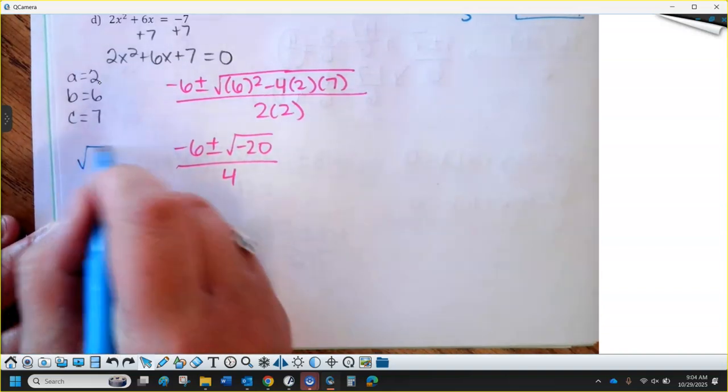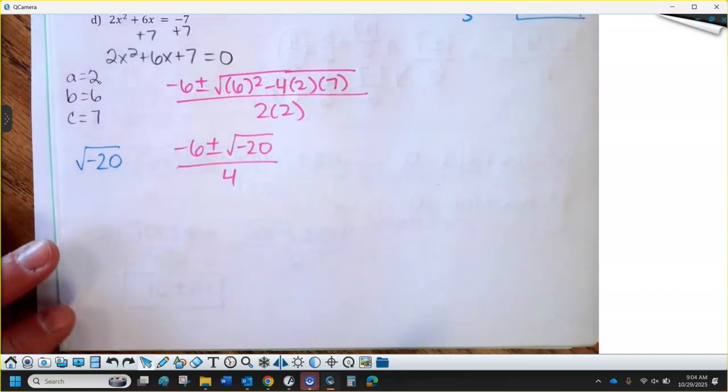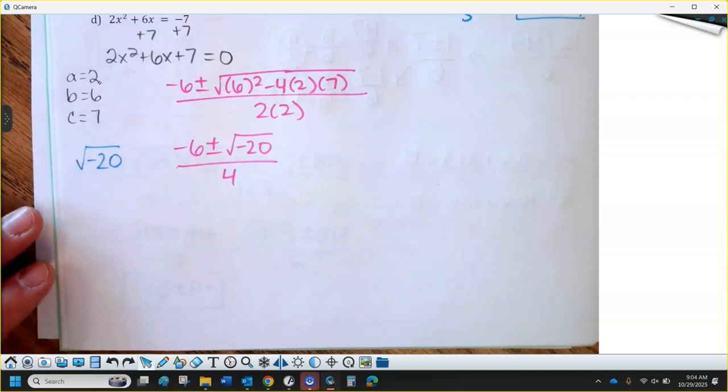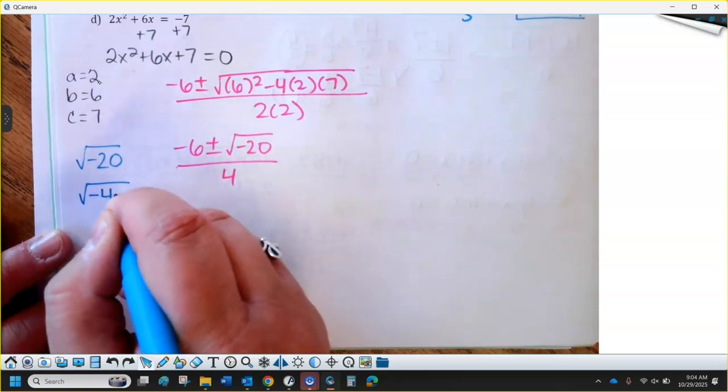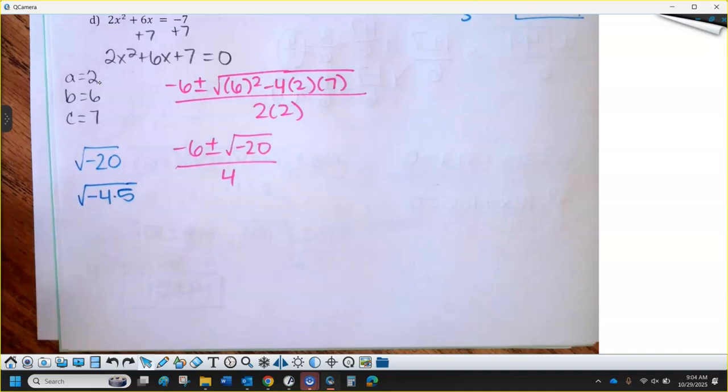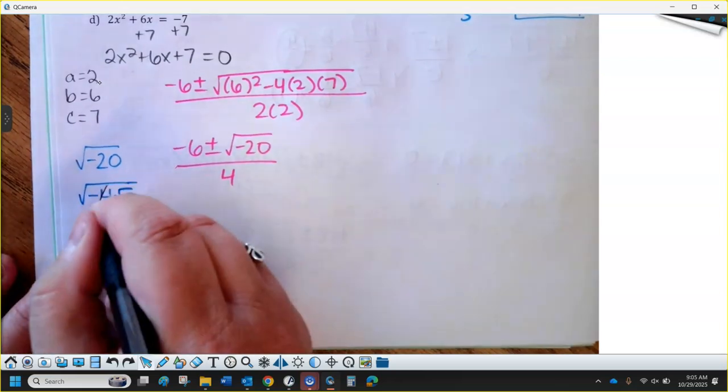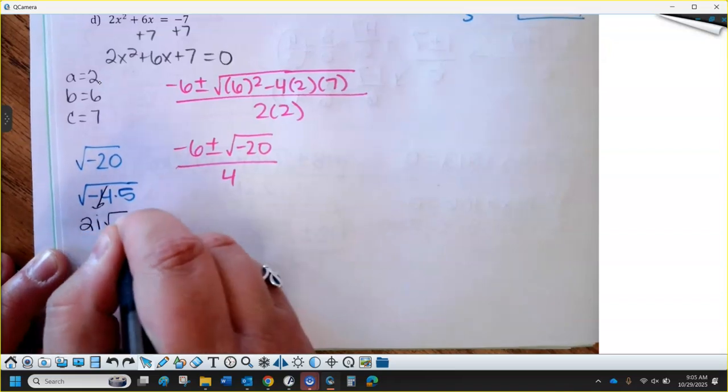So however you want to do it, I'm going to break that radical down. If you want to do factor tree, just remember to pull an I out in front of it with any negative under a square root. I am going to find the biggest perfect square which goes into 20, which is actually 4. And then I attach the negative to that. So when I take out the square root of -4, I take the I out when I do that. So this would become 2I radical 5.